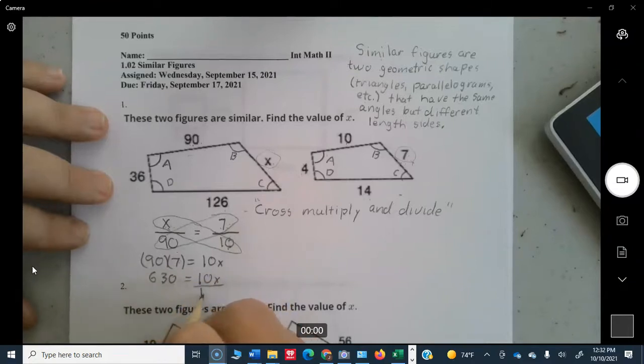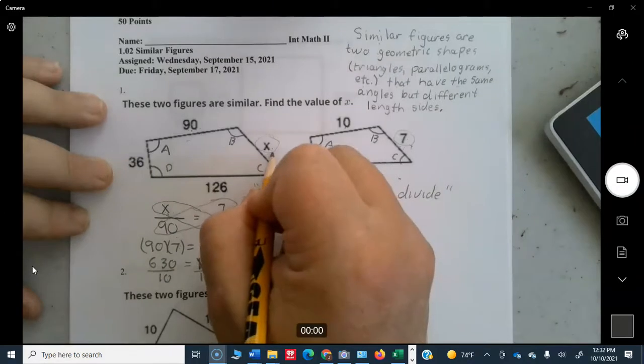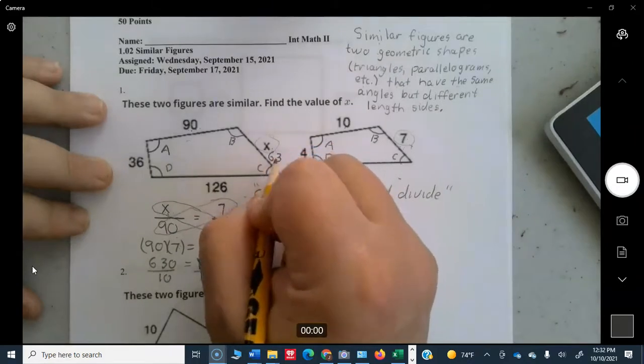We're going to divide both sides by 10. This cancels, and 630 divided by 10, you can do that on a calculator if you need to, is going to equal 63. So this side equals 63.